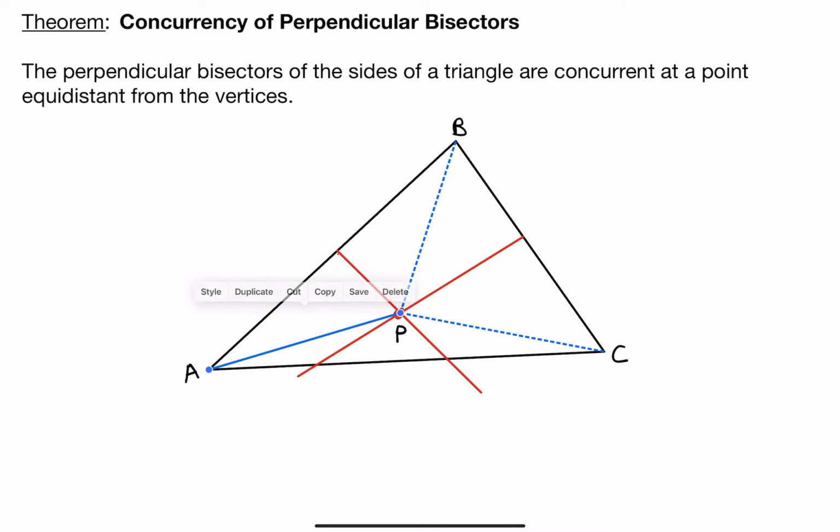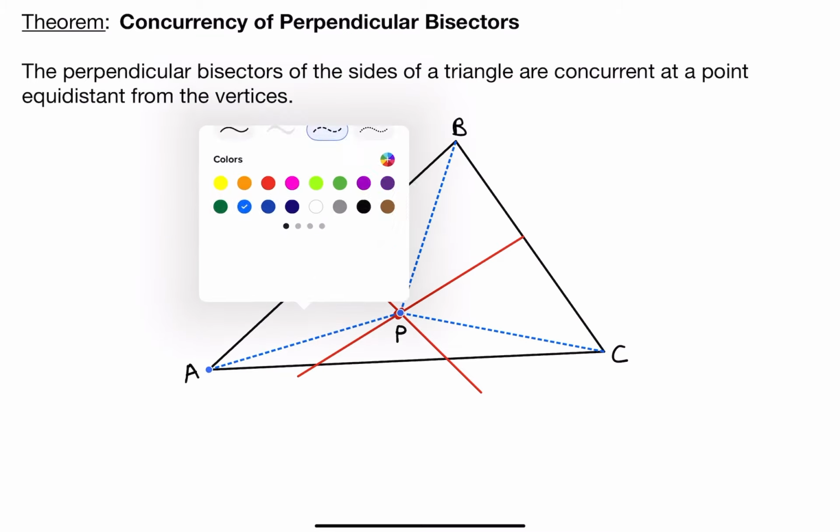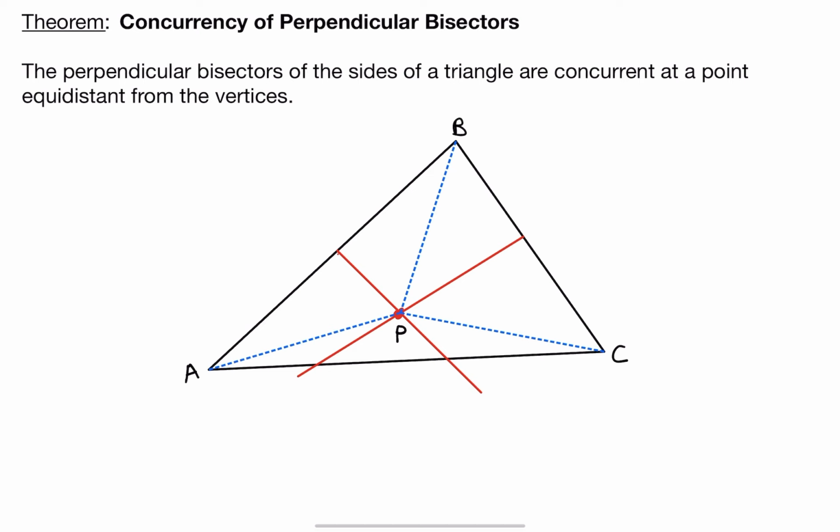So what we're saying here is that segment AP is equal to BP, and that is also equal to CP.